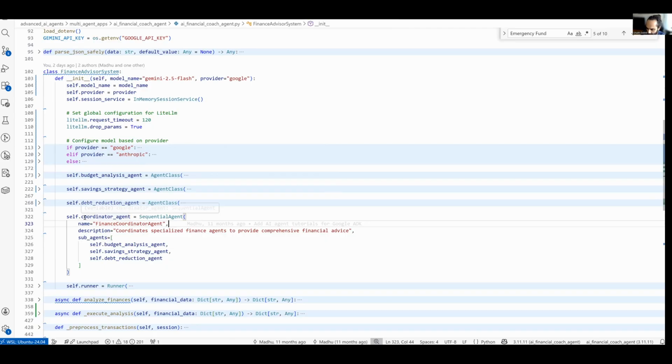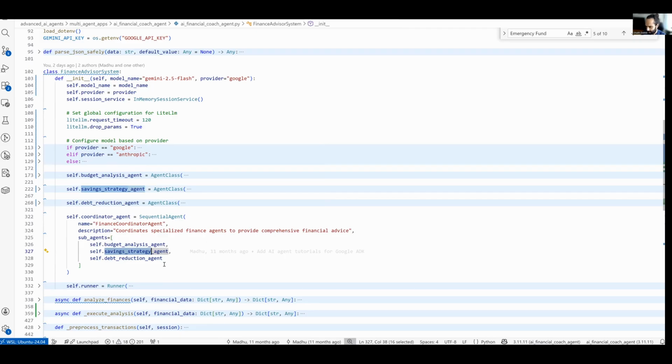And this coordinator agent is putting these agents in sequence. So each agent gives its results to the following agent. And this is what we see here, our three agents, which work in sequence. And these agents behind the scenes, they share what we call a state.